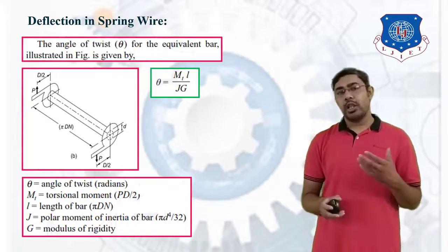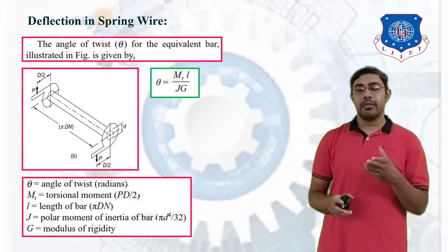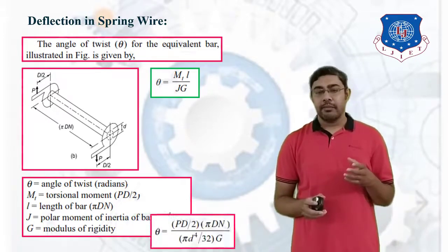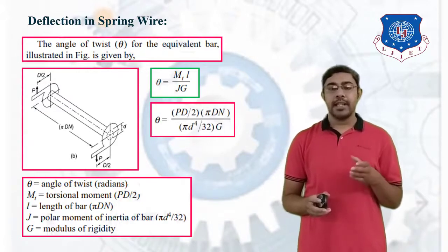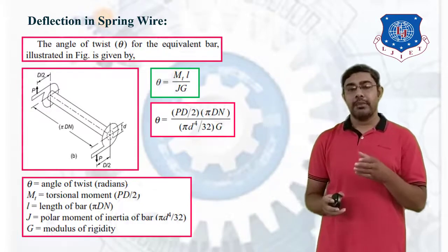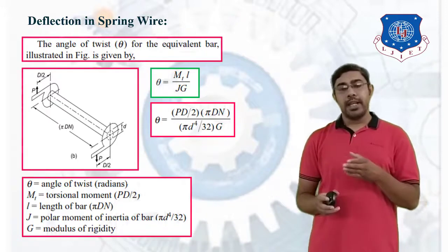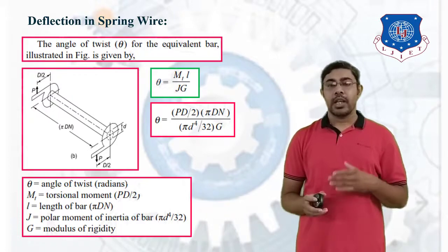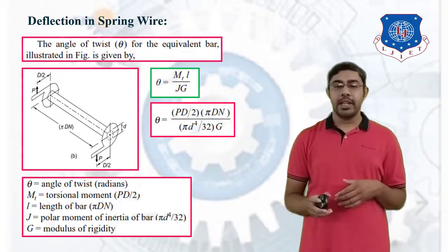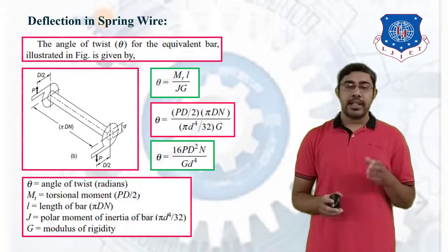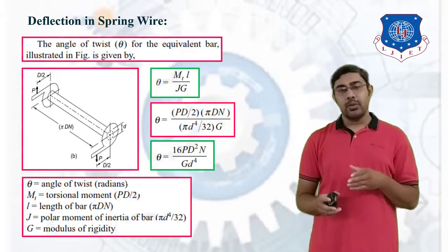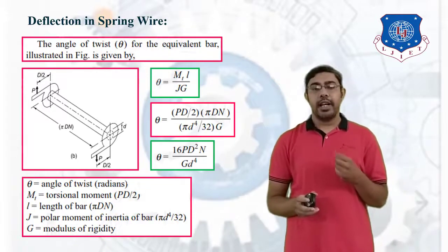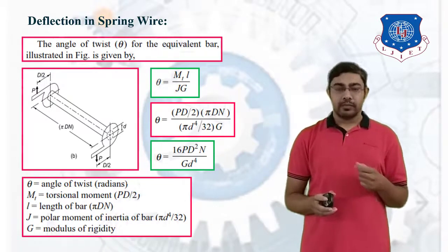If we place all these values in our equation, theta is equal to Mt into L divided by J into G, we get theta is equal to PD divided by 2 into pi D, divided by pi by 32 d raised to 4 into G. If we simplify this equation, we get theta is equal to 16PD squared into N divided by G d raised to 4. So this is the angle of twist theta.